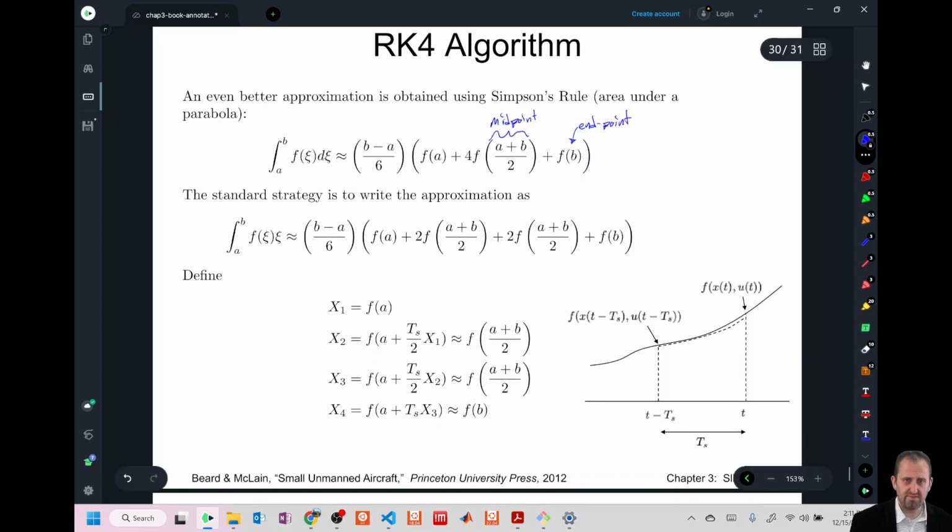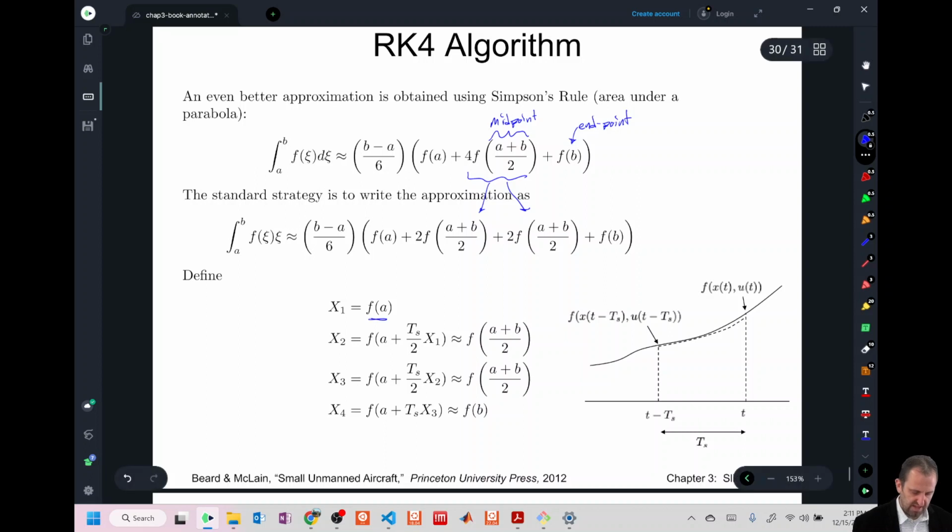Well, we don't have the midpoint or the endpoint, so we have to approximate both the midpoint and the endpoint. And so what we're going to do is break this guy up into two components. Right? Seems kind of strange, and it would be strange if we left it as such.